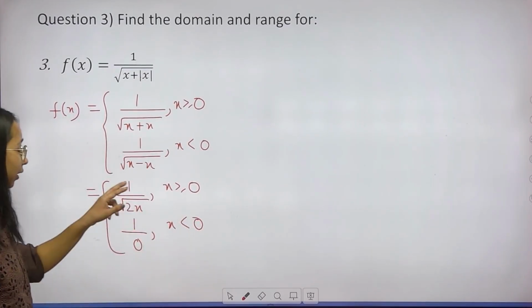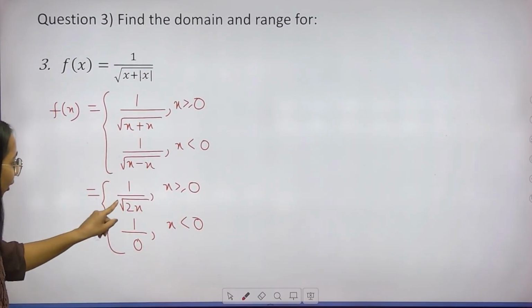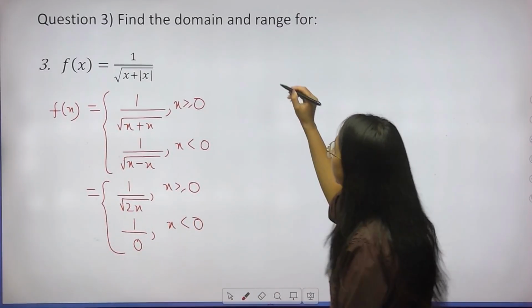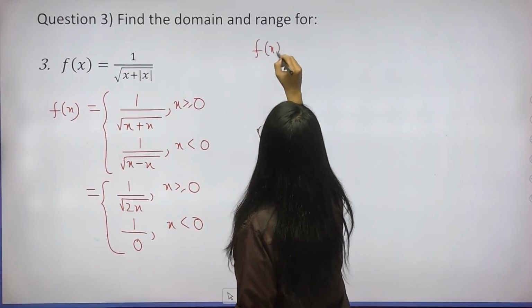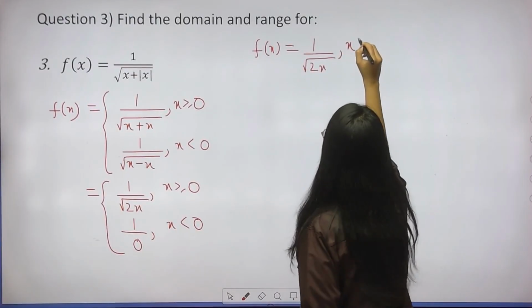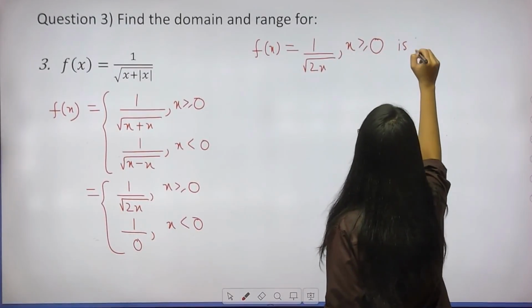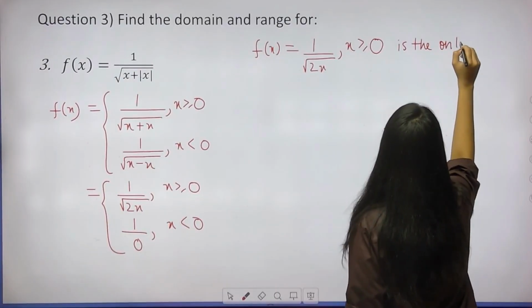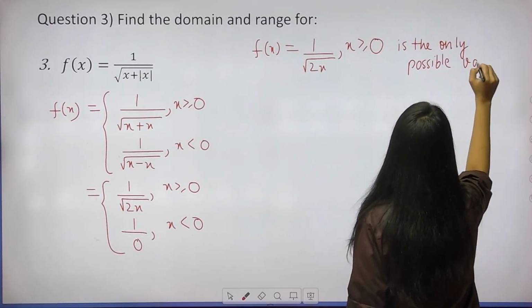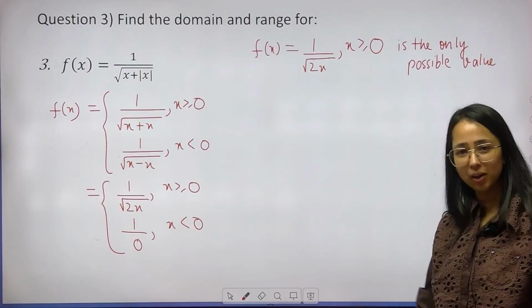Again, only f of x equal to 1 over under root of 2x for x greater than or equal to 0 is the only possible value. I hope this is clear.